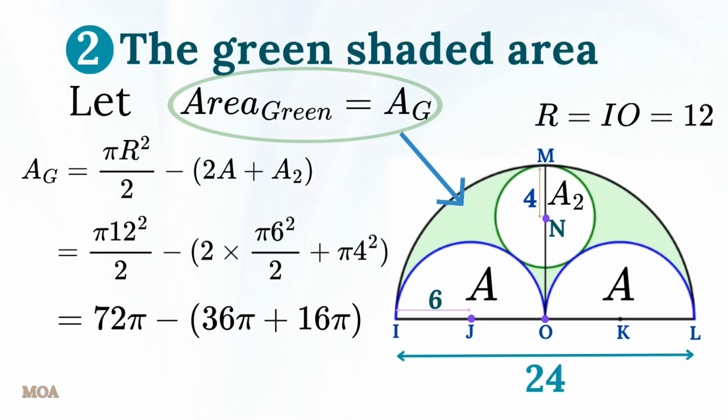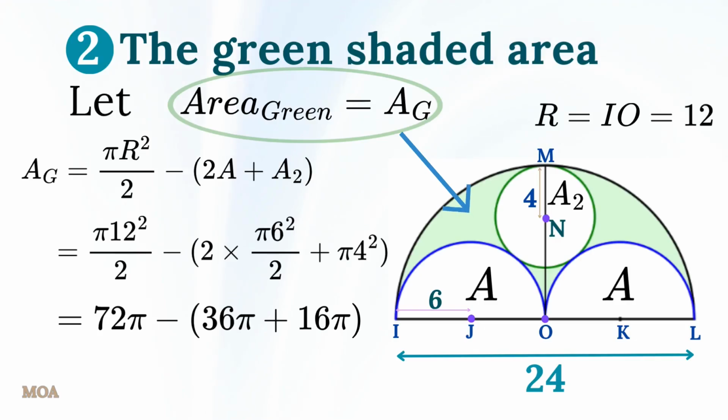1/2 pi times 12 squared minus the quantity, 2 times pi times 6 squared over 2 plus pi times 4 squared.